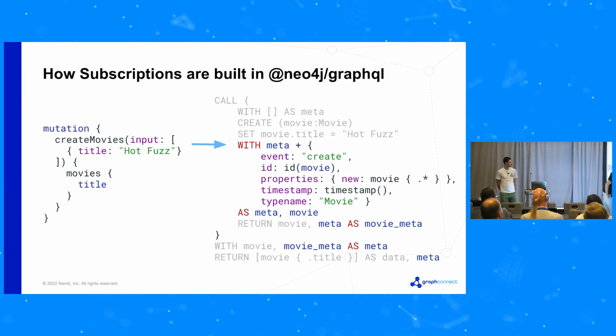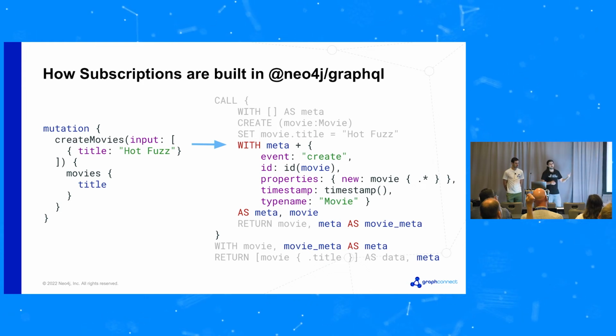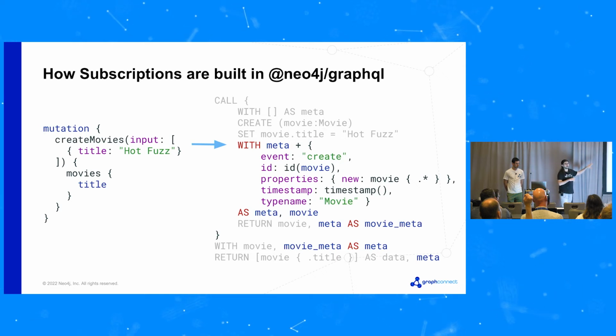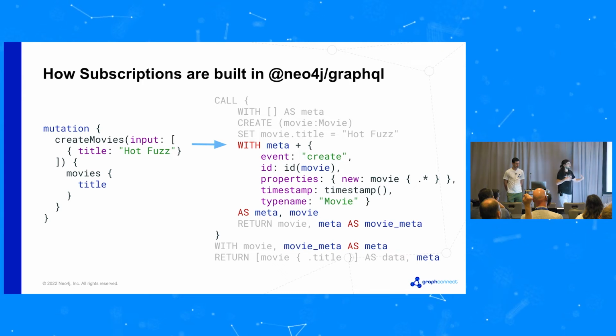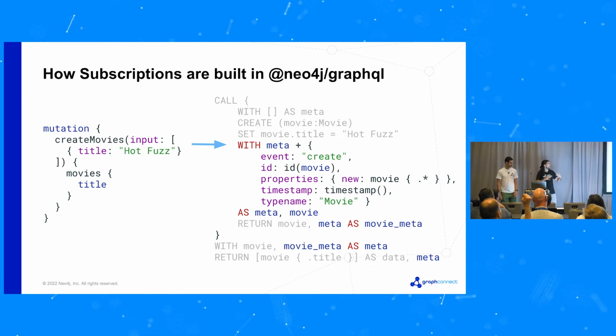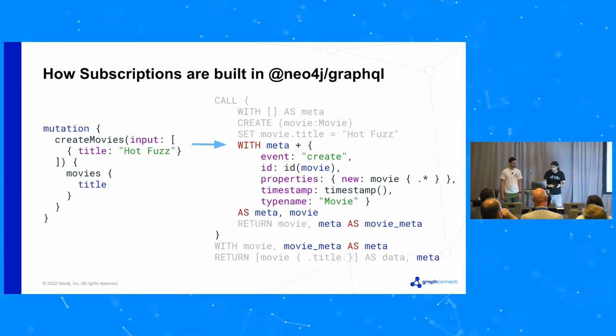The properties are returned directly when the mutation happens. That means that it doesn't matter if you have one subscriber or 500, there will be absolutely no extra request to the database. That means that the database itself won't have a huge load if you have a lot of subscriptions, which is quite important because it can be quite a heavy load if you try to, for every change, also multiply the number of requests.